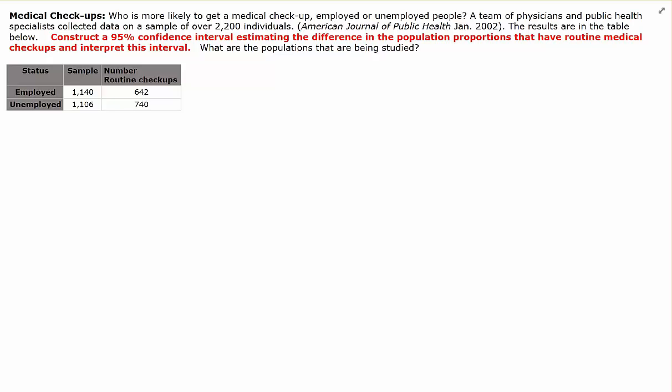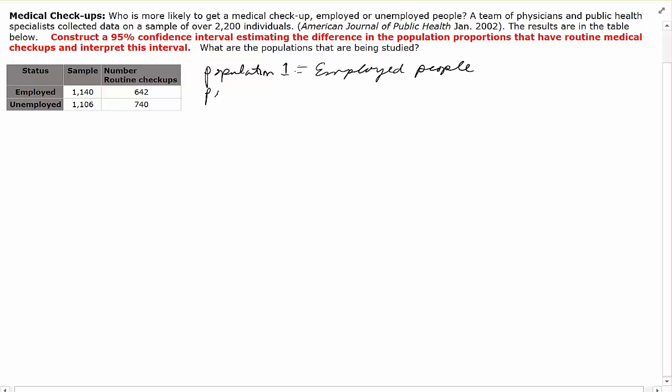interval. And one question we need to start with here is, what are the populations that are being studied? There's two groups here that we're going to call population 1 and population 2. Population 1 would be employed people, and population 2 would be unemployed people.